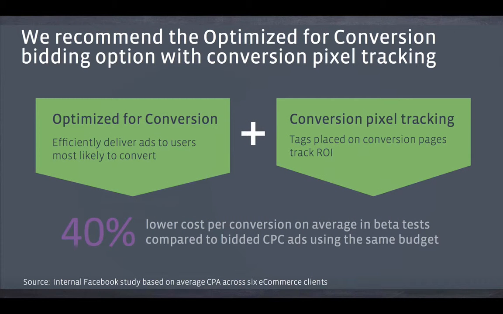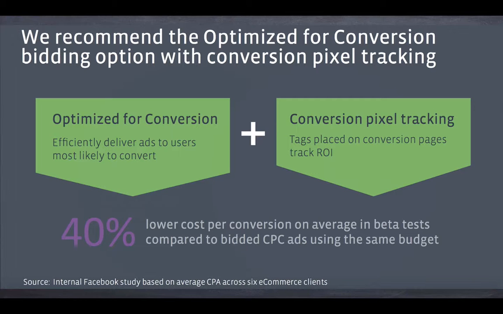And Facebook recommends using website conversions. So when they say we recommend the optimized for conversion bidding option, that's website conversions. That's what it's called, and it's one of your campaign objectives. In a study that they did with 6 e-commerce clients, they had a 40% lower cost per conversion on average compared to just bidding CPC using the same budgets.